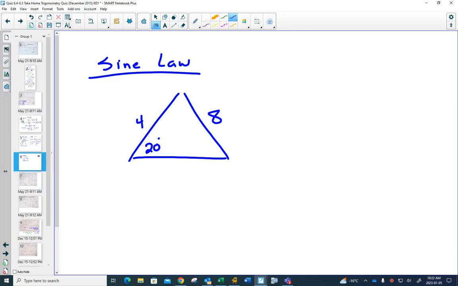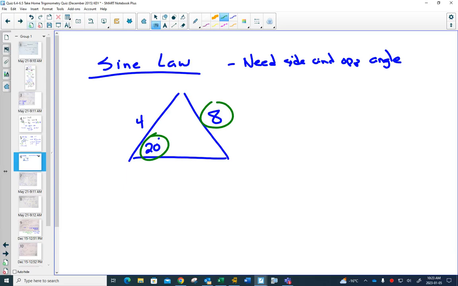How do we know that we use the sine law instead of the cosine law? We always look for a side and its opposite angle. This situation we have here, we have a side and its opposite angle.